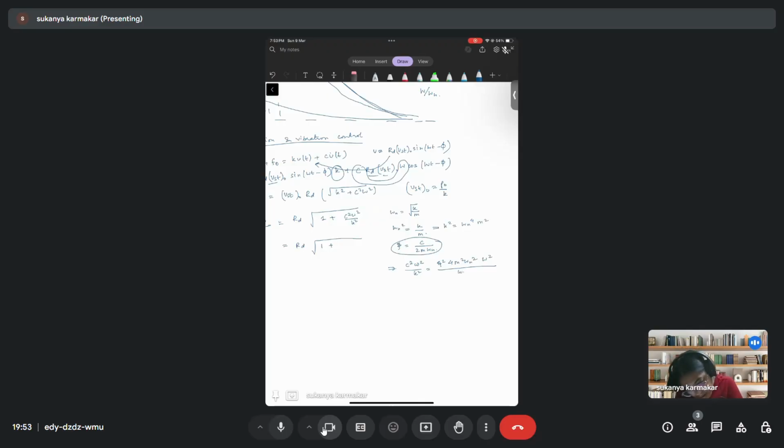So omega n to the power 4 into m square. So this will be 4 into zeta square omega n square.